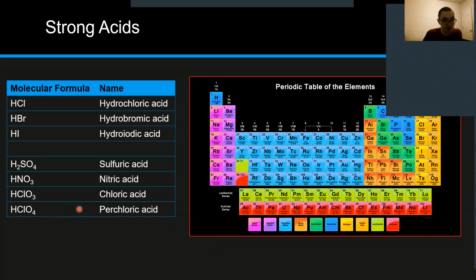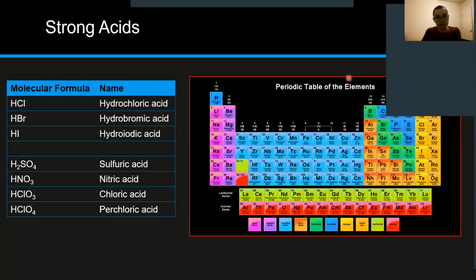The distinction between 7 and 6 is between chloric acid and perchloric acid. Some people only consider perchloric acid and they don't even include chloric acid, but it's not much of a difference. You have a difference of an oxygen, right? So let's think about strong acids. Strong acids have a large Ka and they dissociate completely in solution.